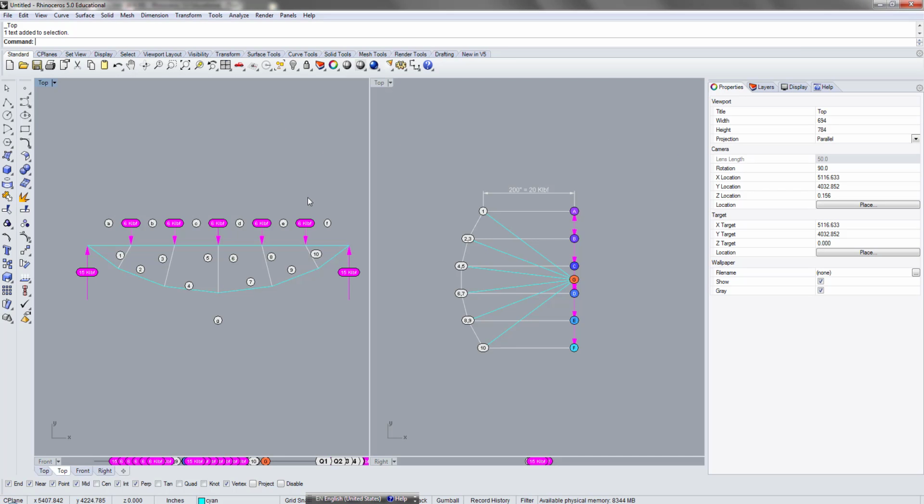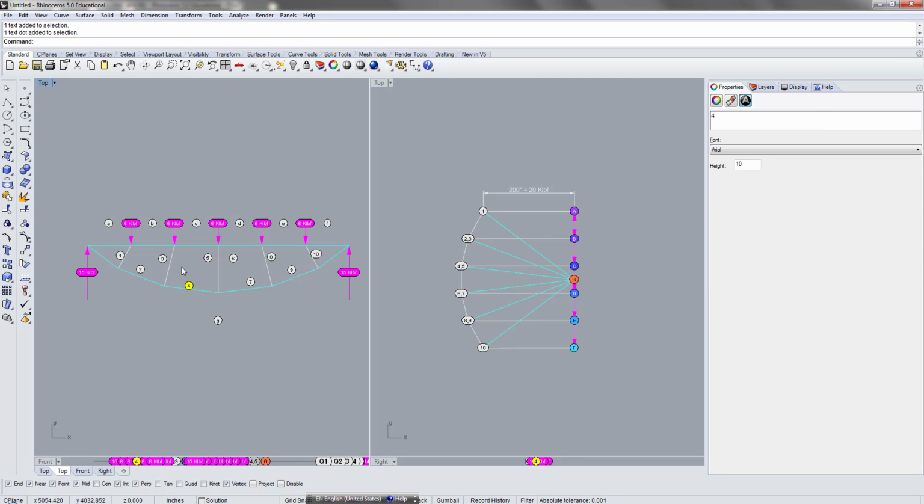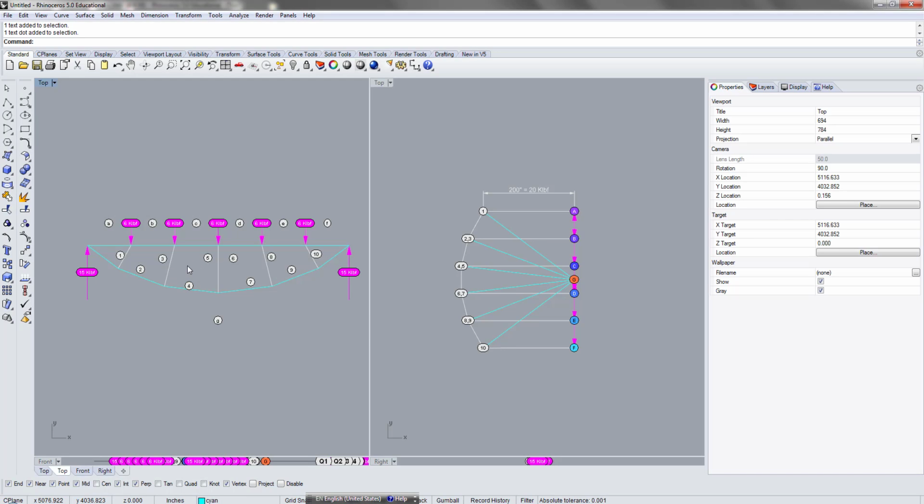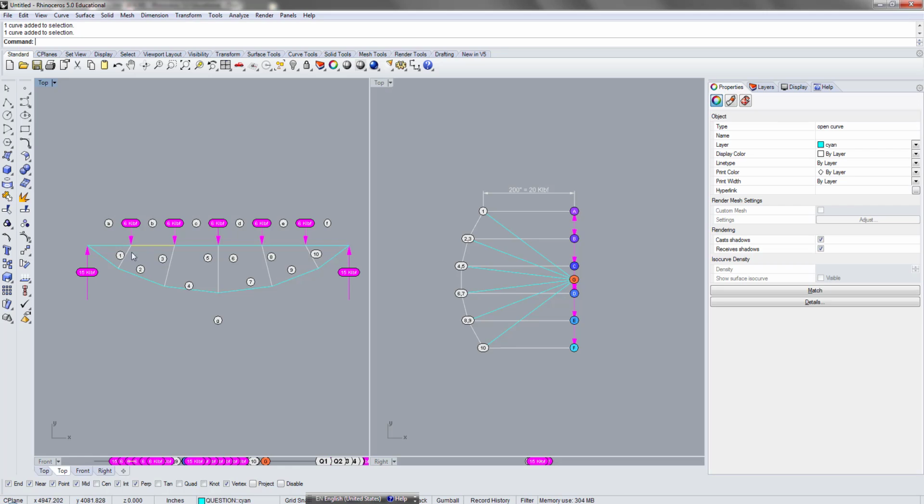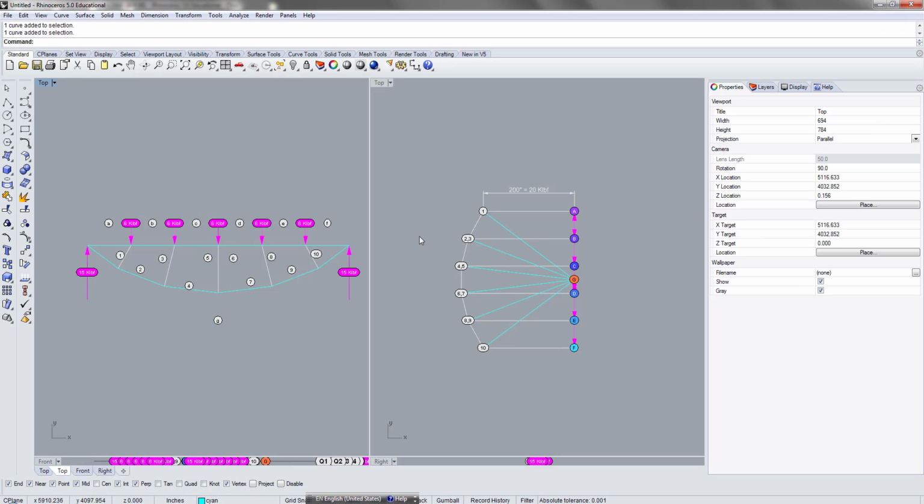So going back to the analysis, now that we have completed this diagram, we should be able to determine the internal forces of each of these members. Because we required the internal force of the bottom member to be constant, that should be at the constant force, right?